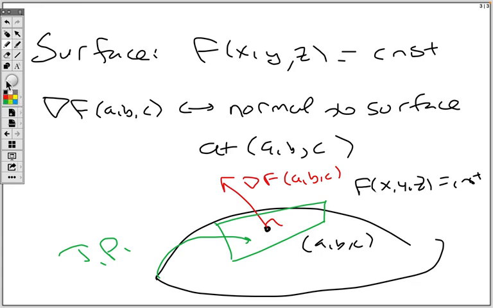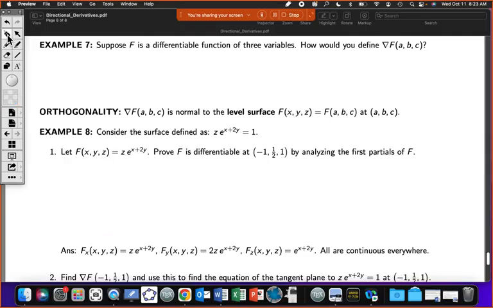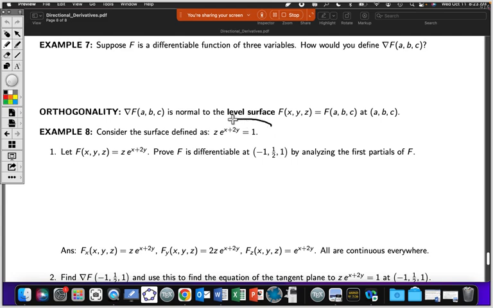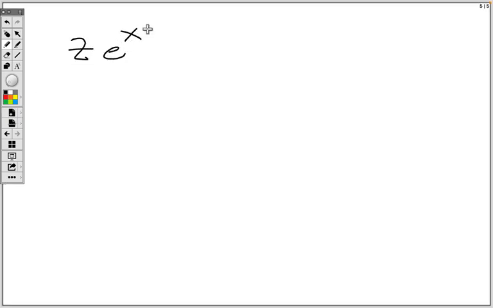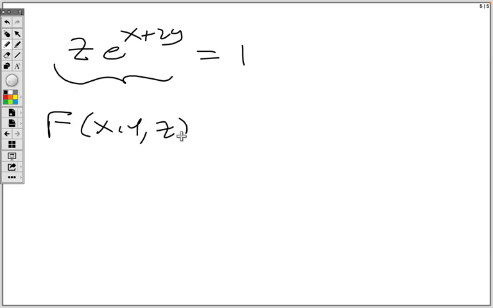So, for example, consider the surface z e to the x plus 2y equals 1. So I can think of this surface as being the level surface of the function z e to the x plus 2y equal to 1.